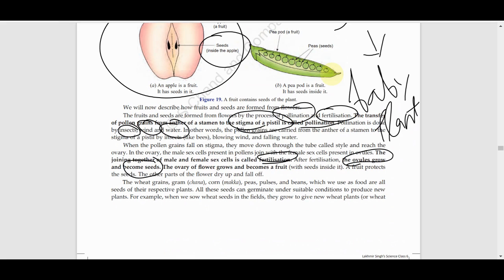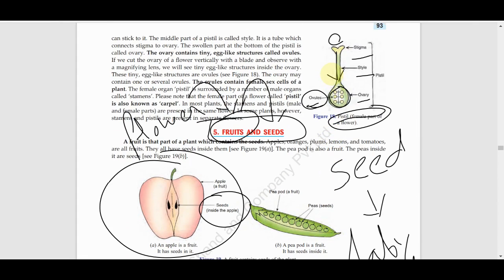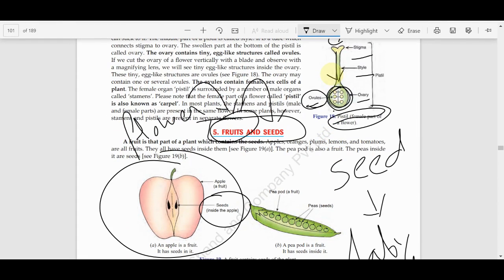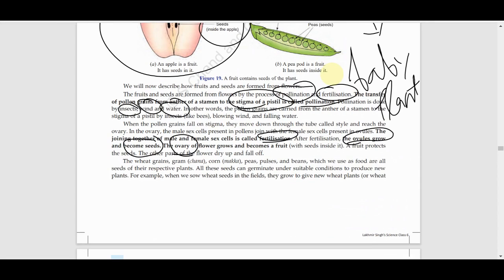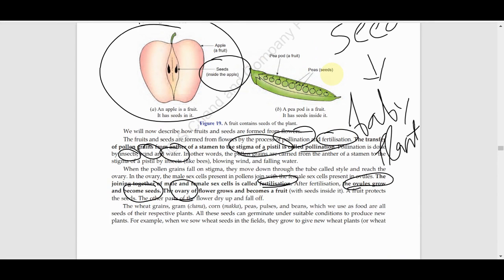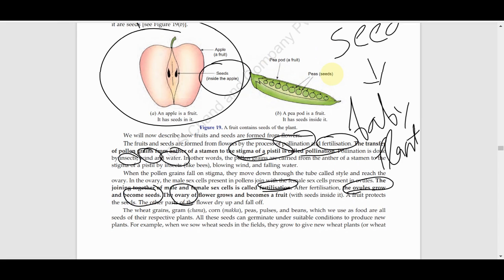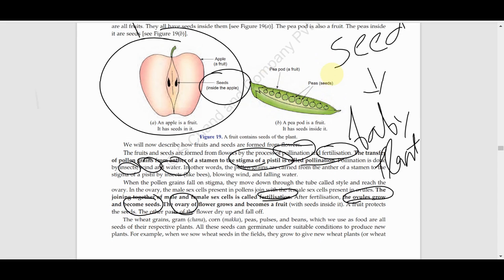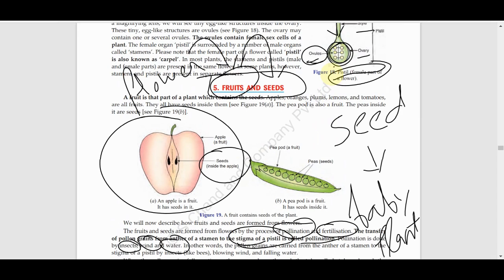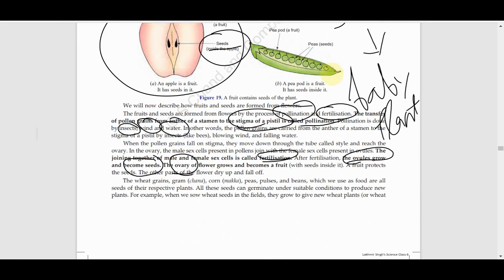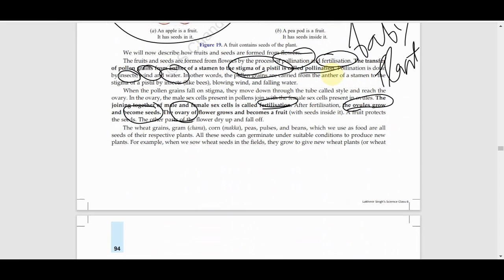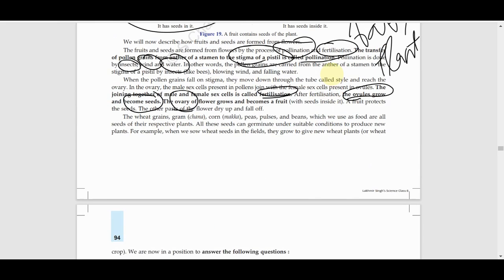During this process, this ovary part will be converted into the fruit, and the ovules will be converted into the seeds. So you have to remember, the ovule part will be converted into the seeds, and the ovary part will be converted into the fruit. That is the whole process of reproduction, how the seeds are formed.